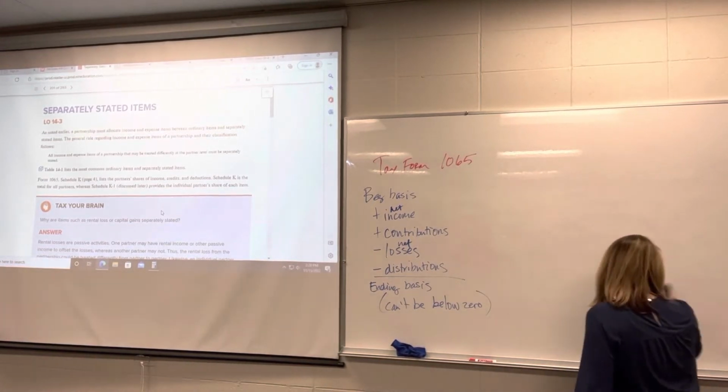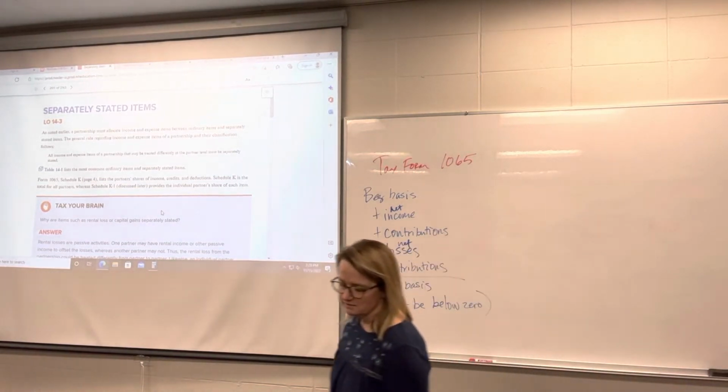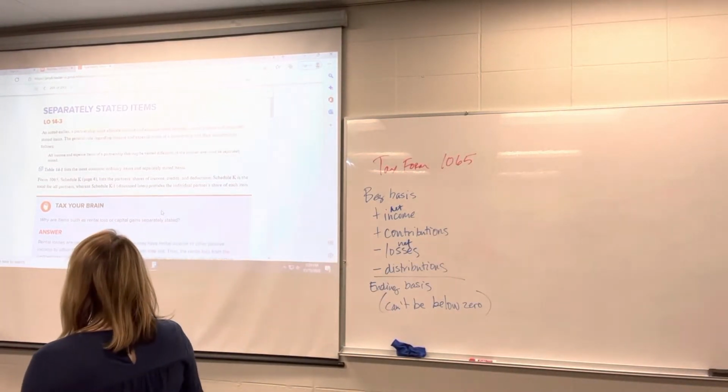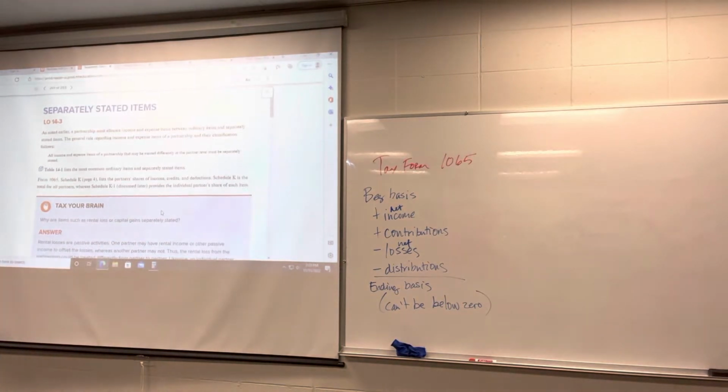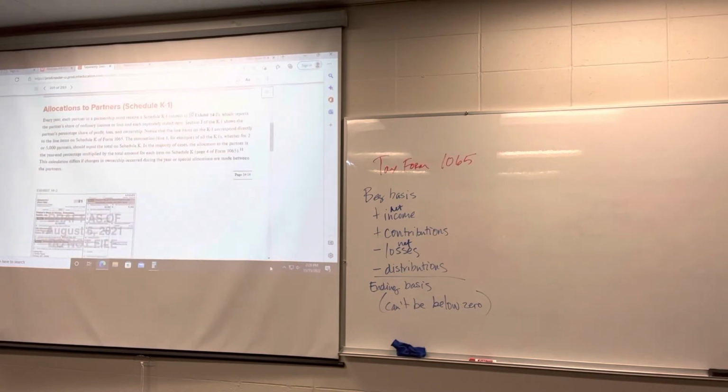Separately stated items are those items that are gonna be treated differently depending upon the partner, or they're items that aren't really part of our normal business operations, like interest, dividends, things of that nature. So these separately stated items again get allocated to each partner.